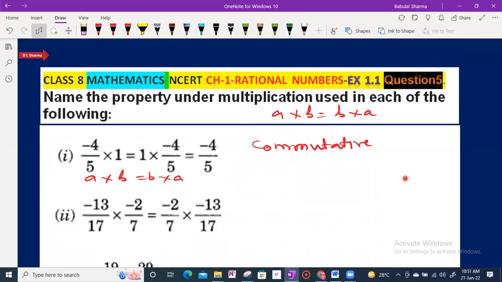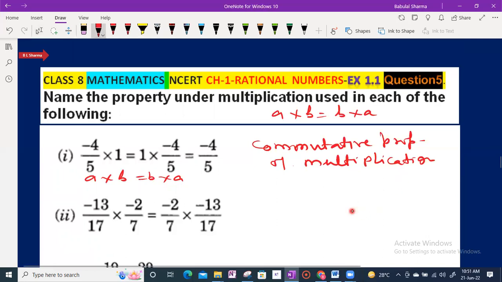This is the commutative property of multiplication. You changed the order, same here. Minus 13/17 into minus 2/7 is minus 2/7 into minus 13/17. So same property here. That is also the commutative property of multiplication.